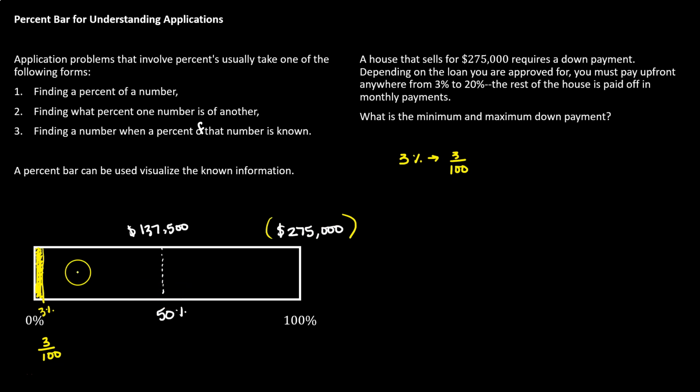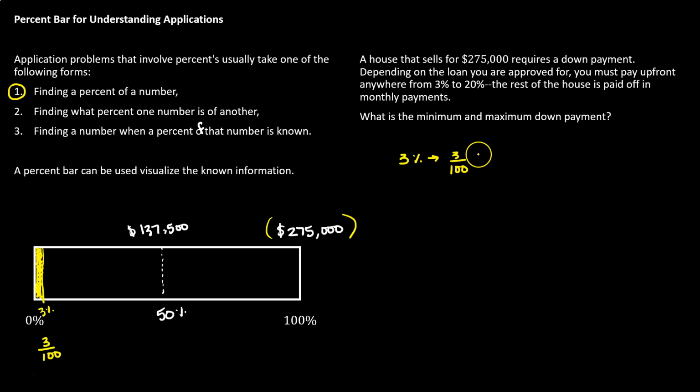And we're trying to find 3% of the house price, which means we're looking at the first application, finding a percent of a number. In this case, we know the total, the base number, the largest number, and we know the percent, and we're trying to find a portion of the whole number.